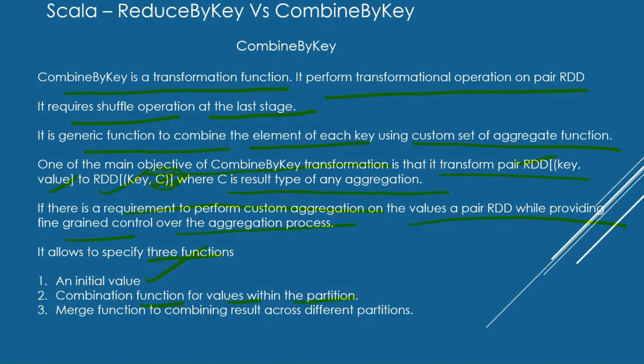It will do the aggregation on the values present in each partition. And this merge function is combining the results across the different partitions. So whatever result is created, it is created with the help of this function. This third function will collect all the results from the different partitions, merge them, and give them as the output, as a result.